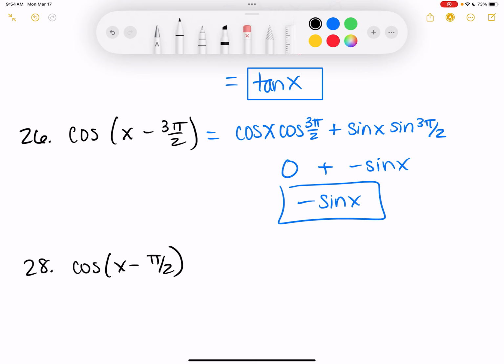Cosine x cosine pi over 2 plus sine x sine pi over 2. It's the cosine of pi over 2. 0, so that whole piece goes to 0. What's the sine of pi over 2? 1. So that equals sine of x.